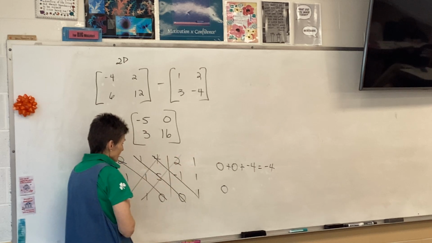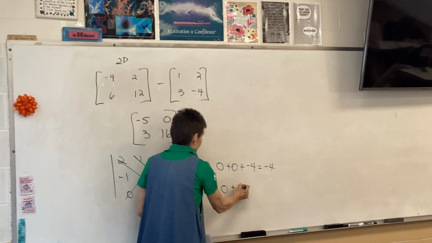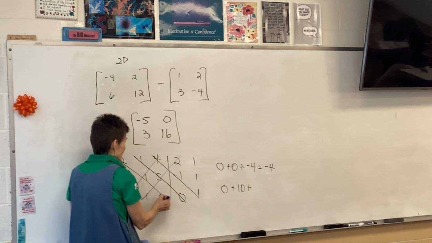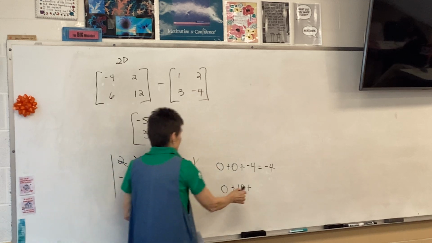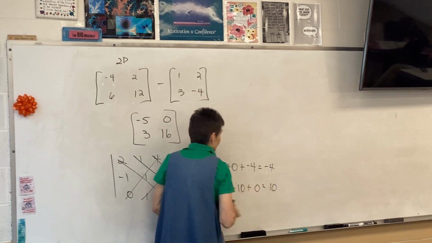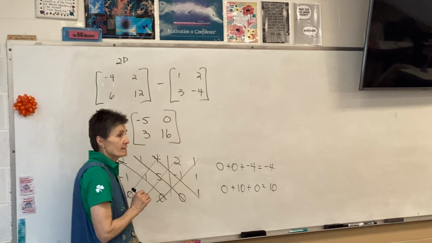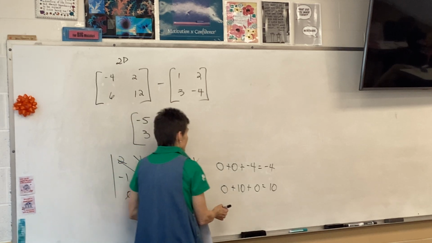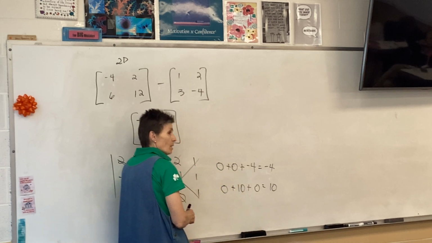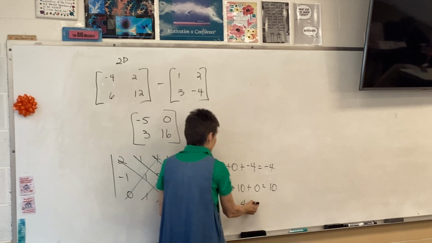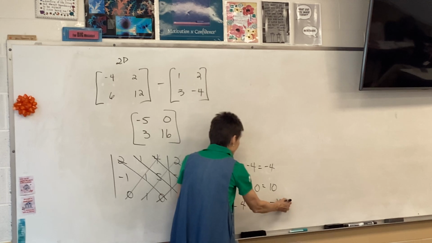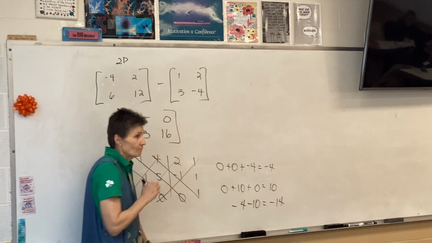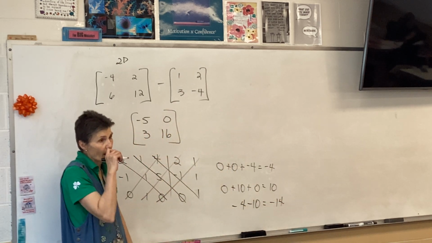This is 10. And this is another 0. So what is the answer to the question? -6. Whoa, whoa, whoa, whoa. -4 minus 10 is -14. We subtract.